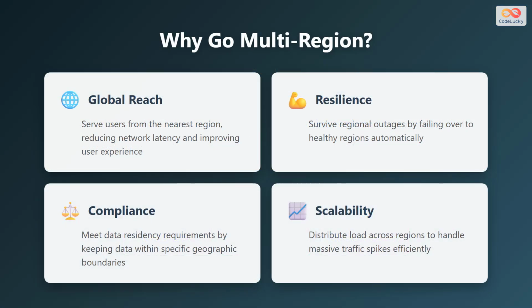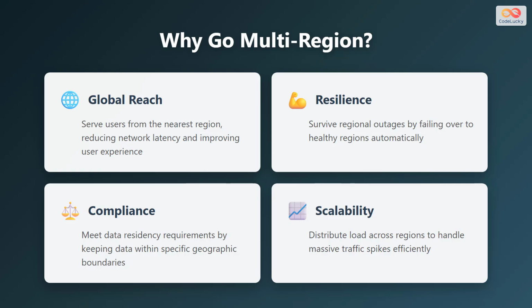There are four compelling reasons to adopt multi-region architecture. First, global reach. By serving users from the nearest region, you significantly reduce network latency and improve their overall experience. Second, resilience. Your application can survive regional outages by automatically failing over to healthy regions, ensuring continuous operation.